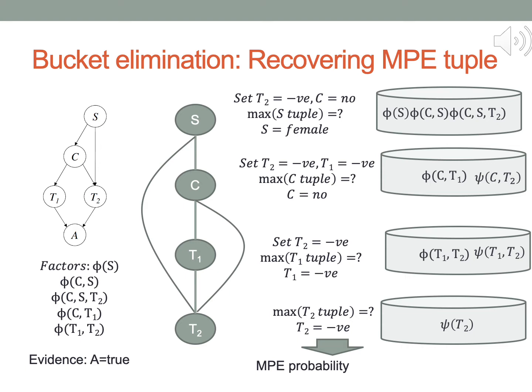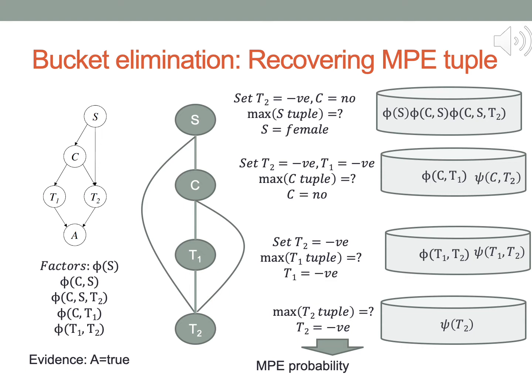In order to get the MPE tuple or the optimal solution, we process the buckets from bottom to top after we run the elimination algorithm. Note that this is important. The bottom-up process that I just described is correct only after running the elimination algorithm and not before.